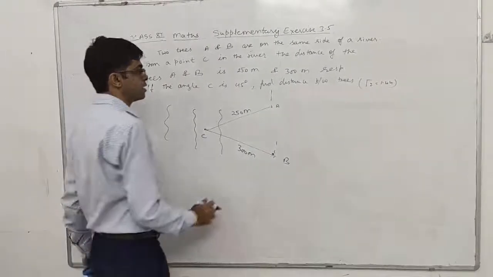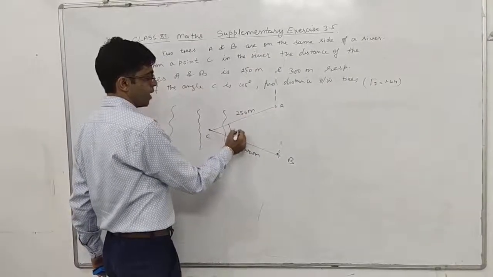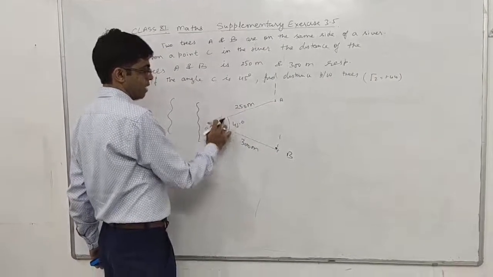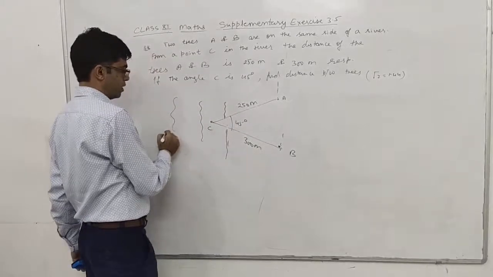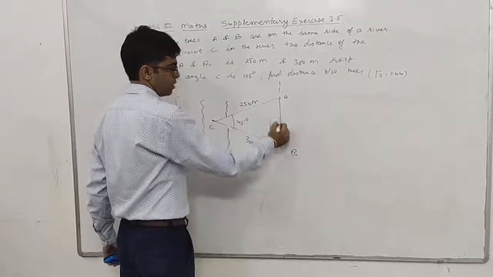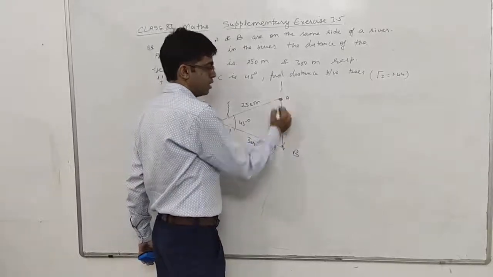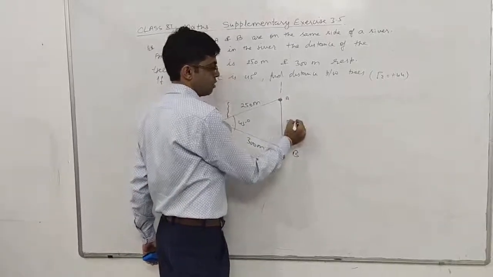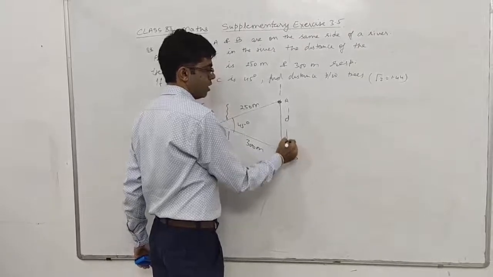Find the angle C. The angle C is given as 45 degree. This is given. So join this. Now what do you have to find? You have to find the distance between the trees. These two distances, this you have to find out. So let this distance be D.